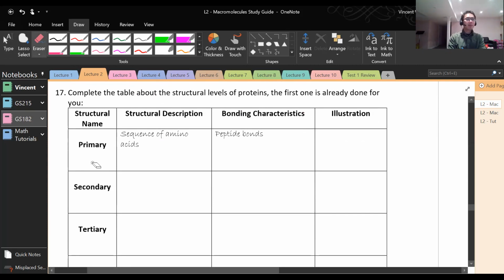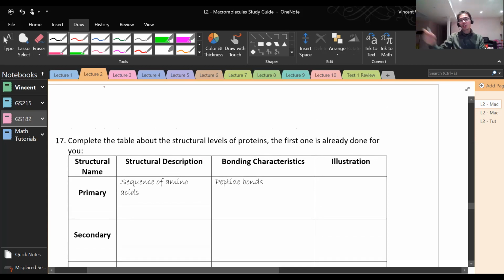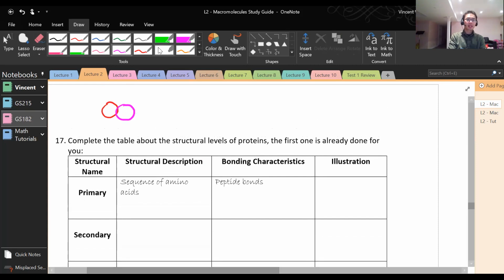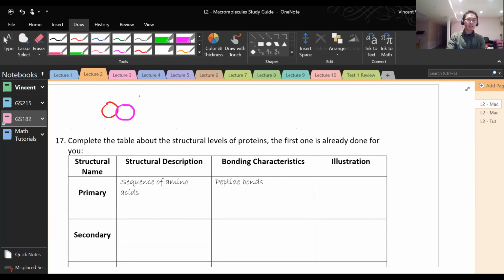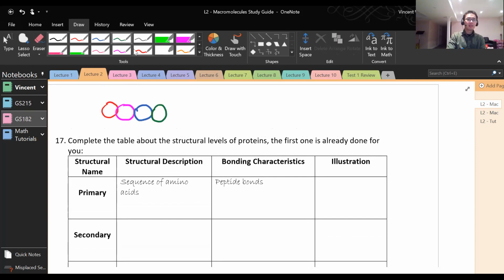The primary sequence is basically the order in which we connect the amino acids together. There are 20 amino acids. If I look at a long chain of protein, maybe the first one is glycine, then aspartic acid, then glutamic acid, and then a bunch of other ones, phenylalanine, whatever the case is.